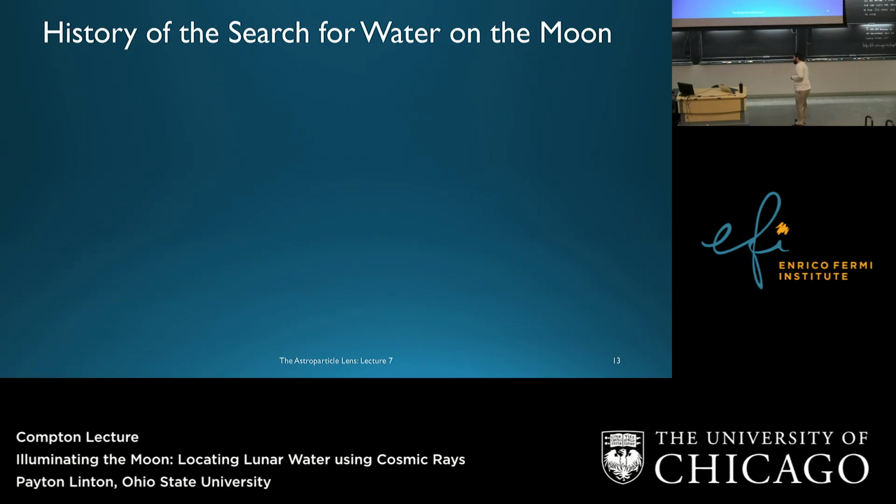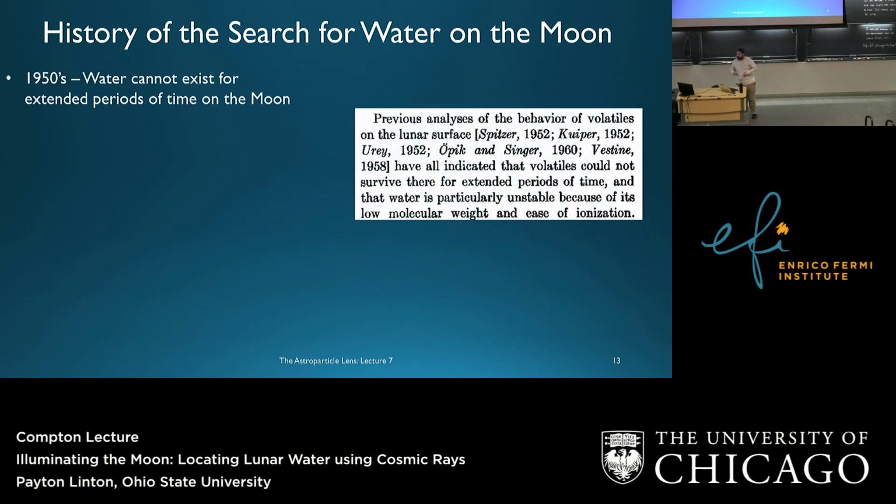But the history of water is very interesting and how we got to this idea of there should be gigaton deposits, right? And it starts in the 1950s where we take all of our information that we know about the moon and we do an analysis. We say, okay, could water exist for billions of years? And we answer, no. There's no way water could exist for billions of years, right? It just doesn't have the right temperature and environmental characteristics for water to be stable.